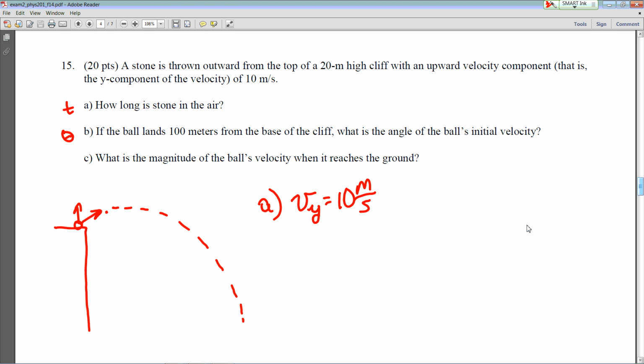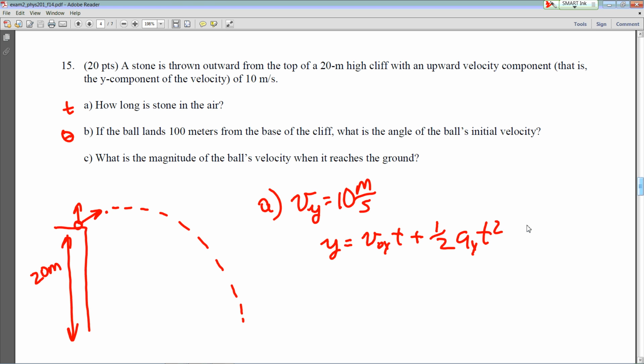I know that that's 10 meters per second, and then I just want to know how long it is in the air. Well, I also know that this is 20 meters. And so I say that y is equal to v naught y times t plus 1/2 a_y t squared. I know to use that just because I know everything in that equation except for t.